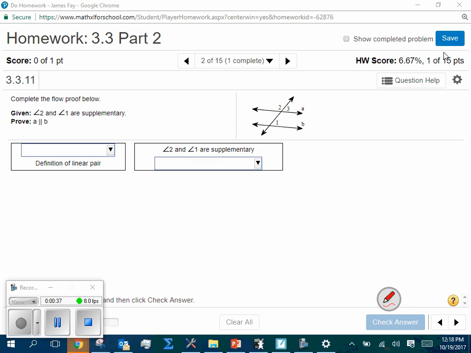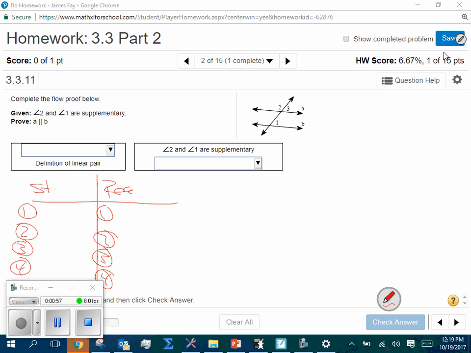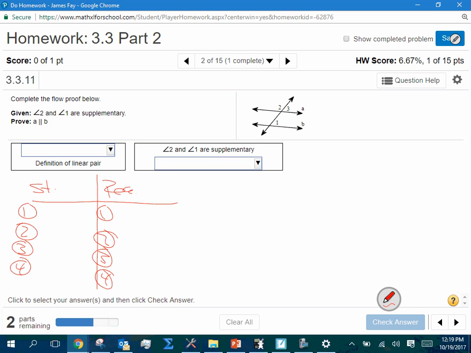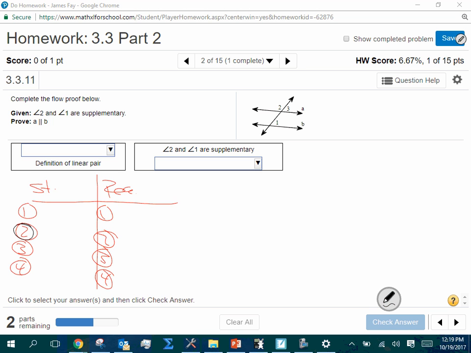Now we've dealt with T-charts, right? Where we've had our statements over here and our reasons over here. So we go 1, 1, 2, 2, and all that kind of stuff, right? But we might come down to statement 3, statement 4, and we want to create our fifth statement. And when we create our fifth statement, we might be using statements 2 and 4 together to create 5.